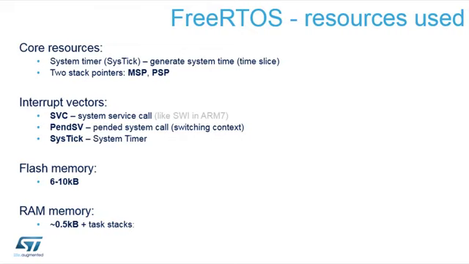Further, it takes another interrupt vector. It takes the system service call to get the priority when you call different API functions. So if you want something from the RTOS, you have to switch from the thread mode to the interrupt mode so that all RTOS functions occur in the interrupt.